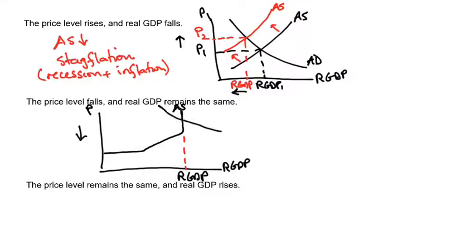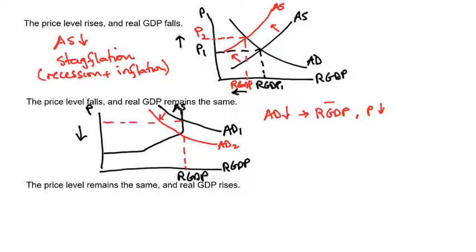Okay, so I'm going to place the AD curve up here, and if I have a leftward shift in aggregate demand, AD goes down. What happens here? The real GDP remains the same, but the price level goes down.